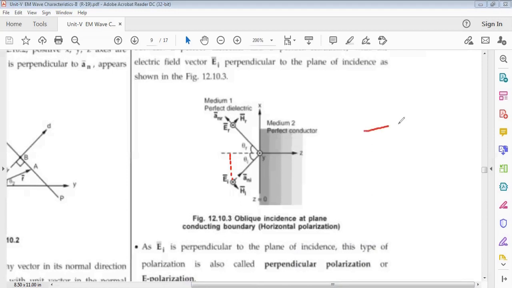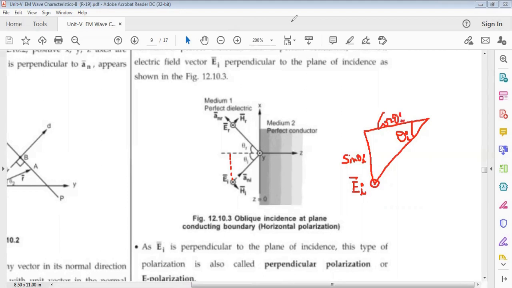Assume this is a right angle triangle. EI bar starts here, and theta I means the opposite side is sine theta I, and the adjacent side is cos theta I.